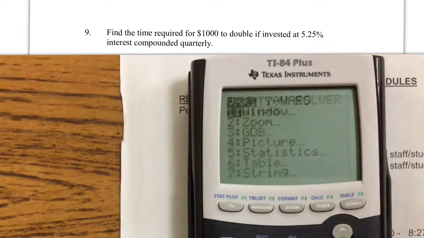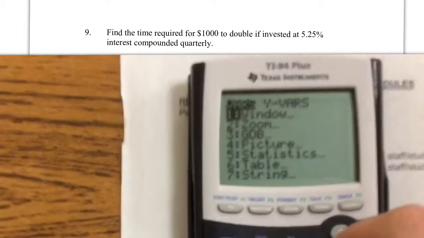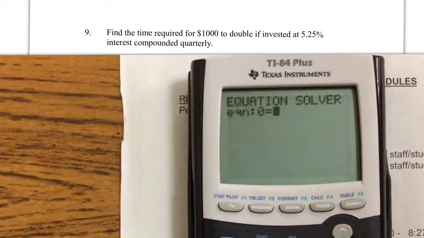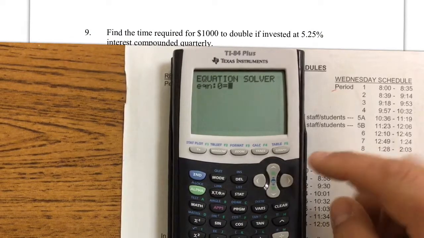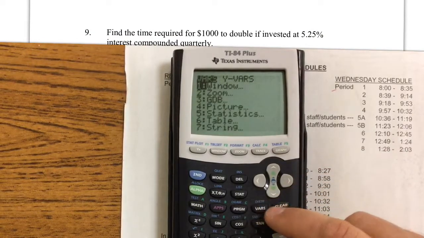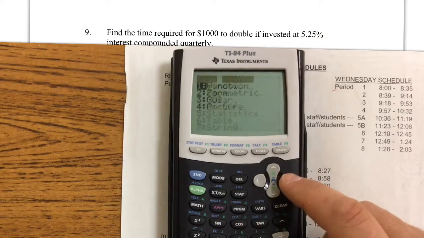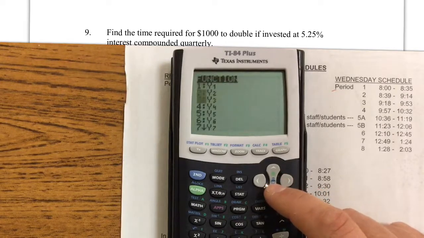So let's go vars. Let me back up here. I'll show you exactly. I realized you aren't seeing my keys. Here we go. Let's go vars, and let's go y vars, and let's go function. Y8 is for half-life.